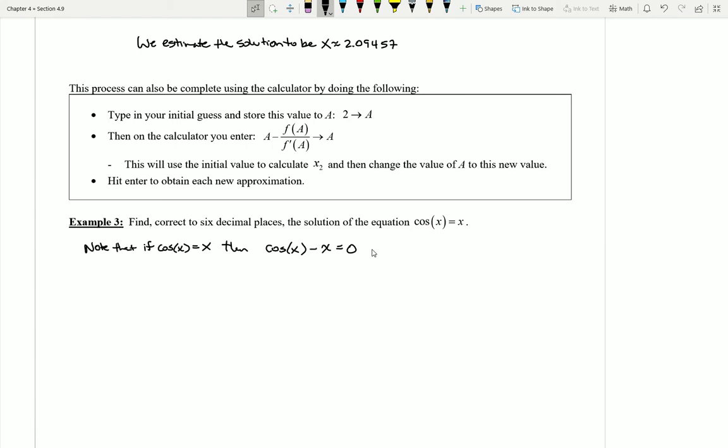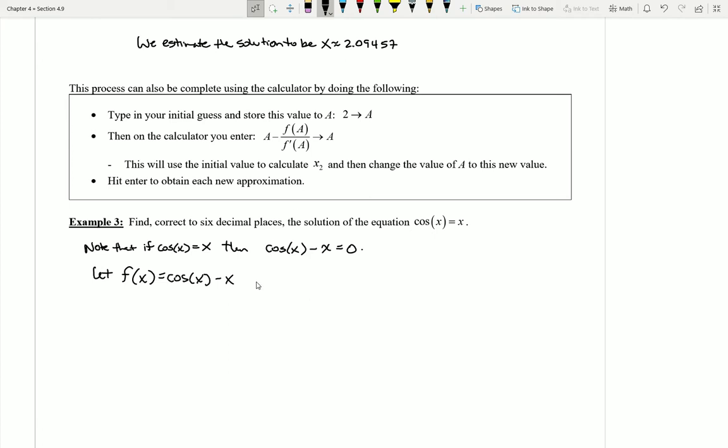So now we actually do want something to spit out the value of 0. We could create a function f of x, which is the cosine of x minus x, and now we're curious when this function will equal 0. That's perfect, because that's exactly what Newton's method can help us do. Newton's method helps us find roots of functions. So we've changed the starting question into a question that says a function needs to be equal to 0.